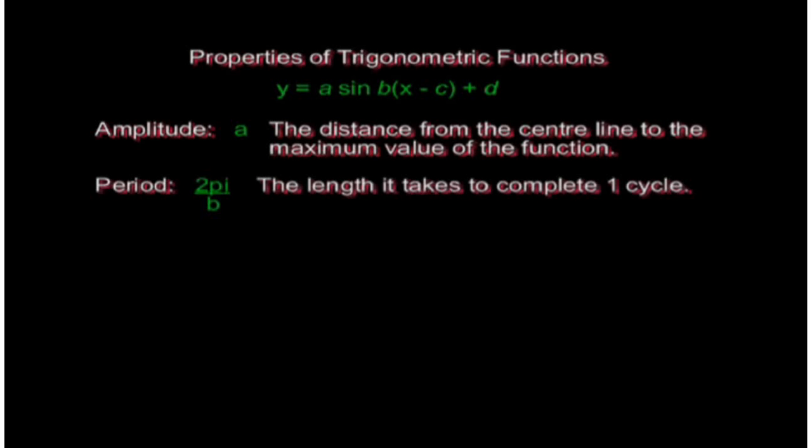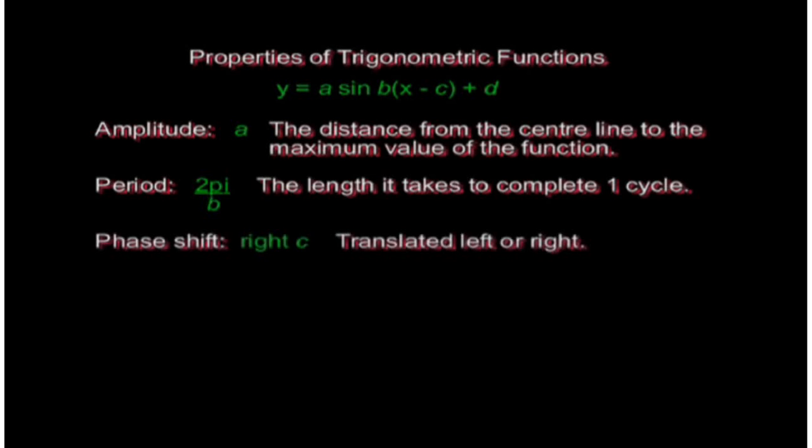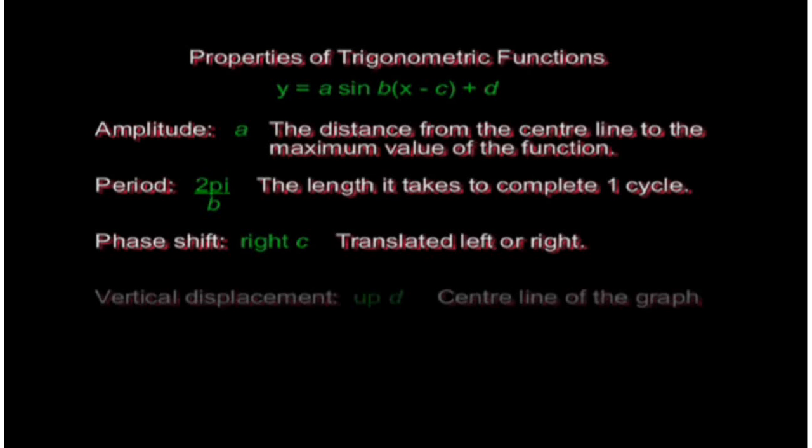The period will be 2 pi divided by b. The period is the length it takes to complete one cycle. The phase shift would be right c. Phase shift is the translation left or right. And the vertical displacement would be up d. The vertical displacement will be the center line of the graph.